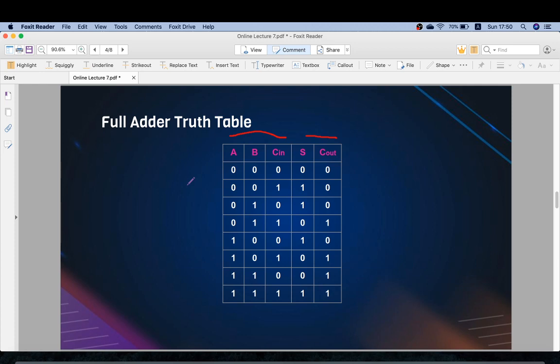So for the three variables, first of all we will make this three variable truth table, and then the output for S and C out or carry out.